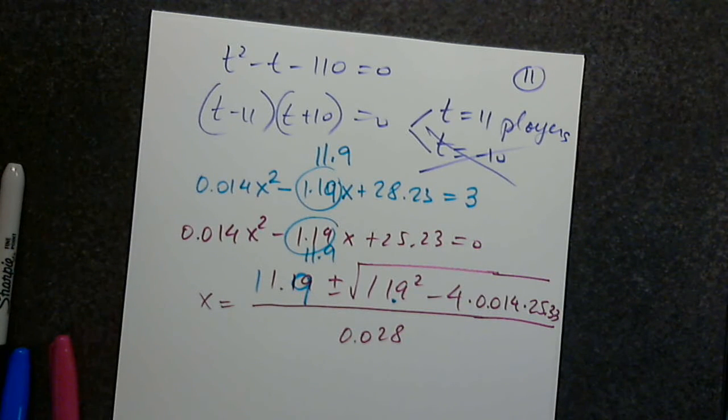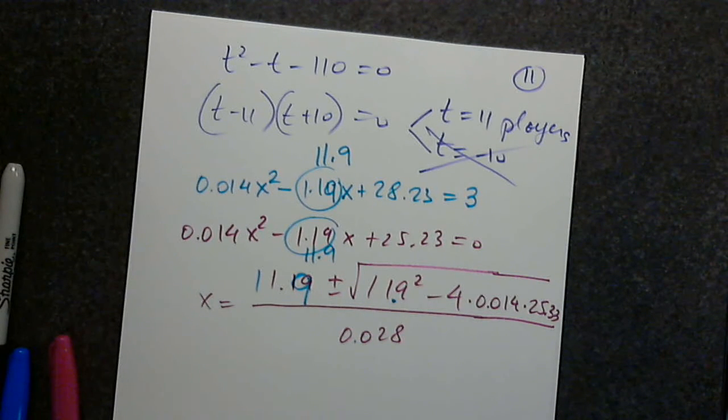And then I know that B is negative 1.19. And yes, I know that C is 25.23. I did write 3 in the formula, however, by mistake. But can that make such a big difference?